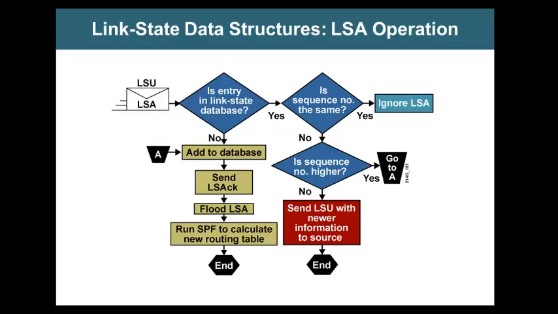That sequence number will be incremented by 1 whenever there is a change, whenever LSAs are sent. So this advertisement, link state advertisement or link state update, is coming into the router. The router receives an update.